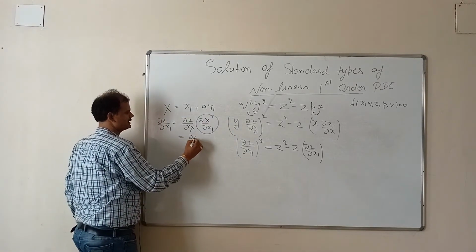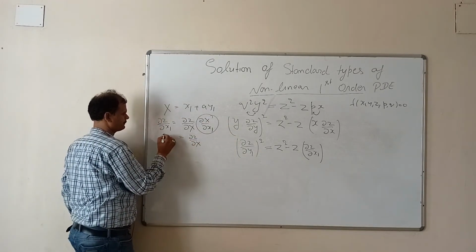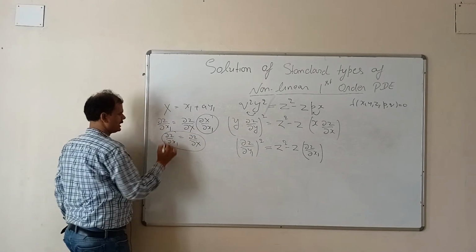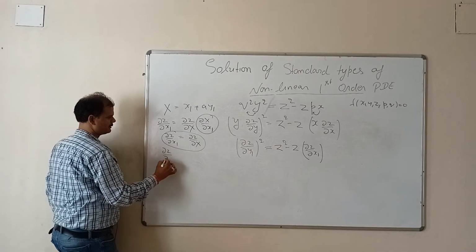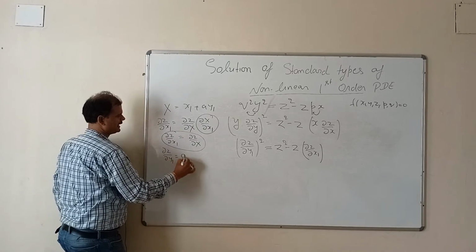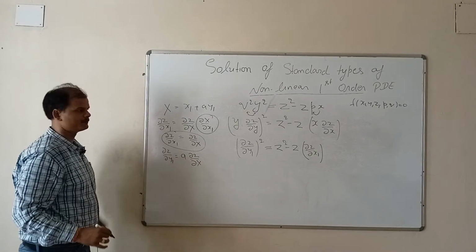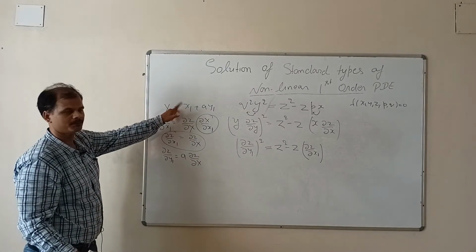So we have del z by del x1 equal to del z by del X. And del z by del y1 will be a into del z by del X, with the same transformation, capital X equal to x1 plus a y1.